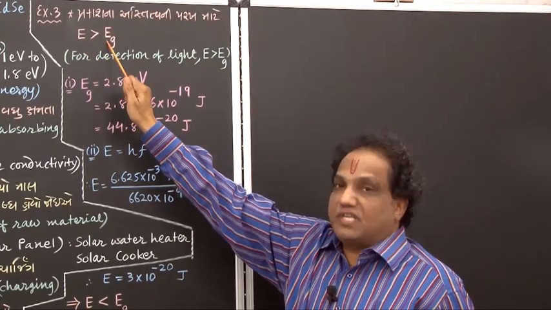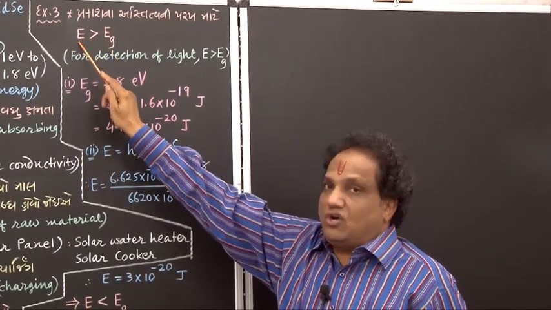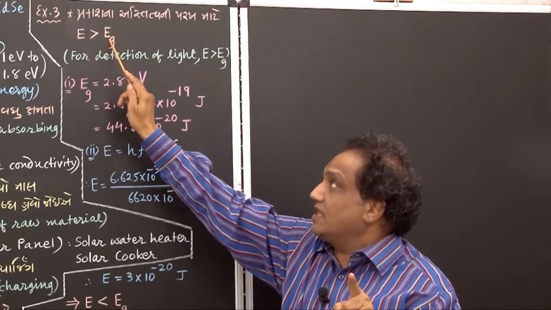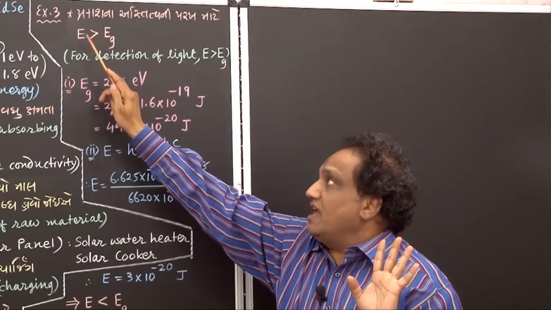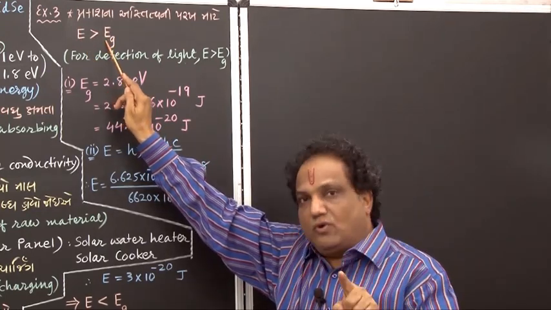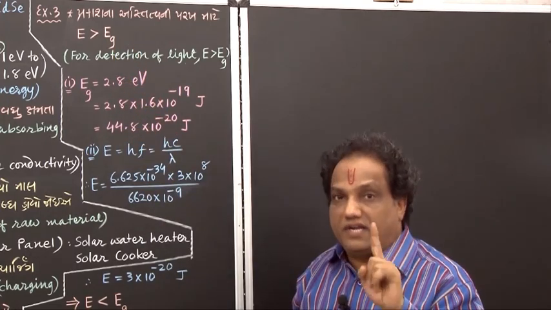This condition must be satisfied: energy of one incident photon must be greater than band gap energy. If energy of one incident photon is greater than band gap energy, then only the incident light can be detected.